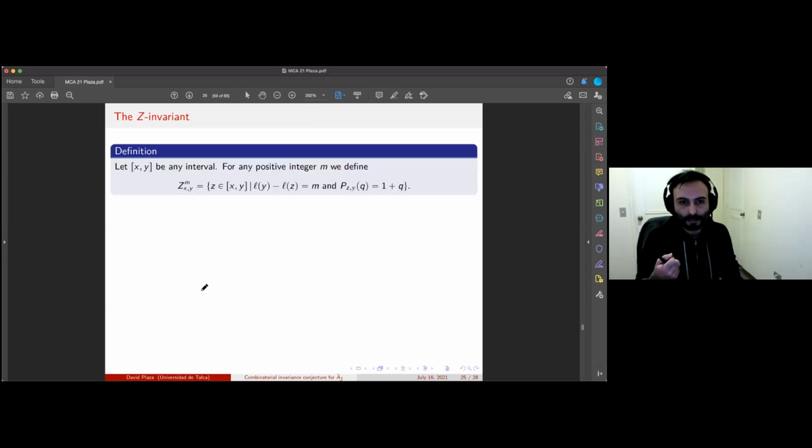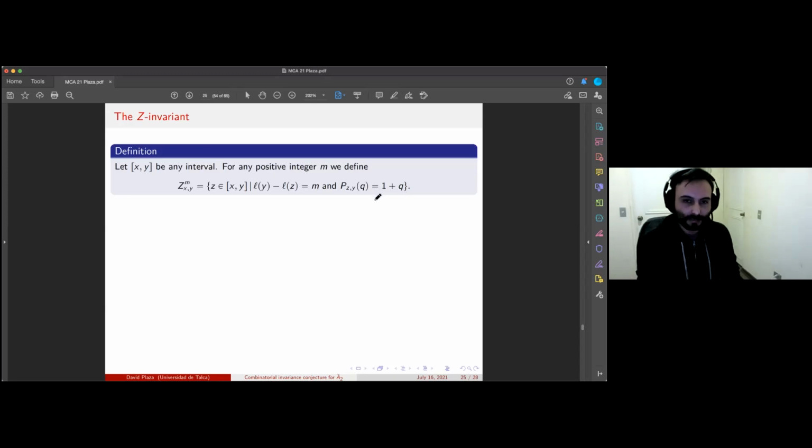The first poset invariant is what we call the set invariant. To define it, we first need to define the set Z_{x,y,m}, which is formed by all the z in the interval [x,y] such that the length of y minus the length of z is equal to m, and such that the Kazhdan-Lusztig polynomial P_{z,y}(q) is 1 plus q.